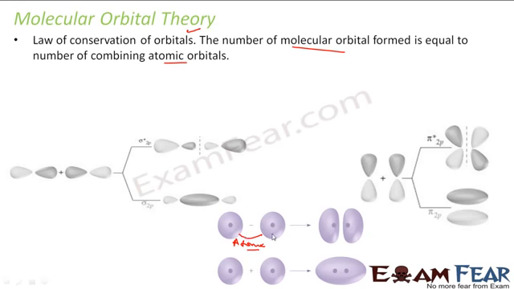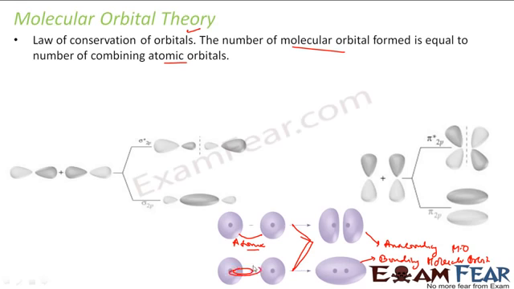Two atomic orbitals are combining, so it gives one bonding molecular orbital and one anti-bonding molecular orbital. Correct? These are all atomic orbitals. So 1s, two atomic orbitals combined, and it gave two, right?